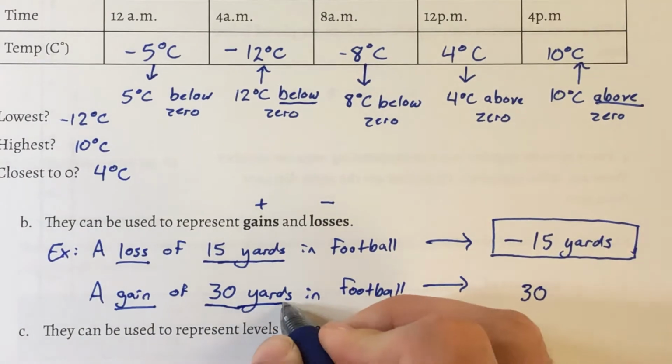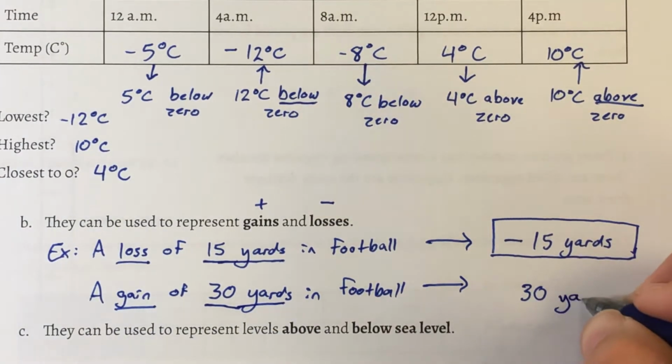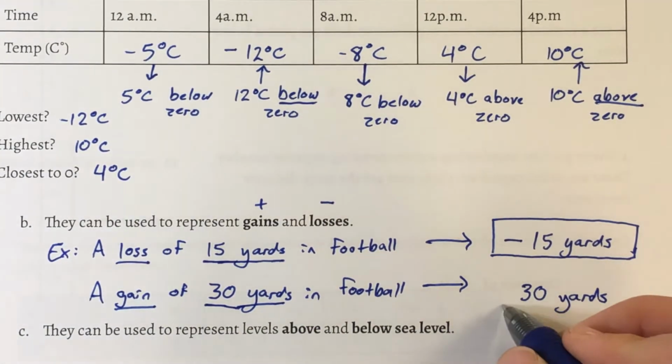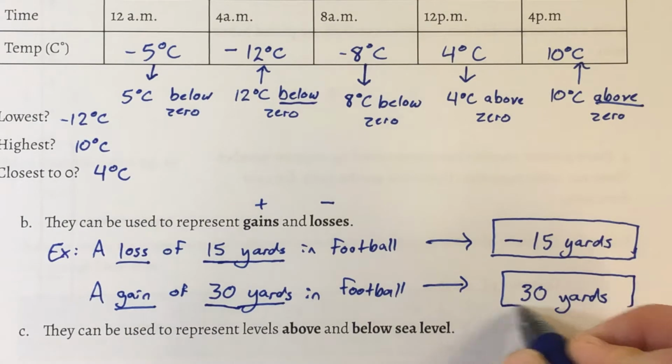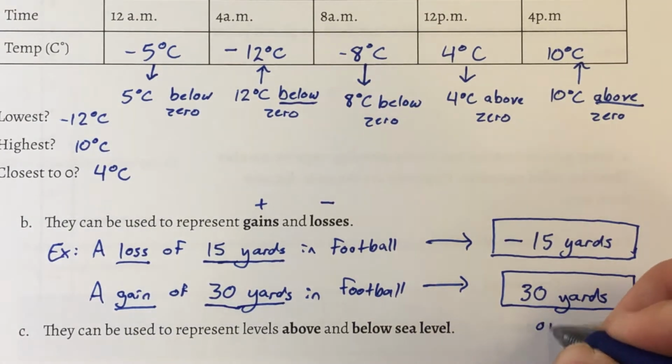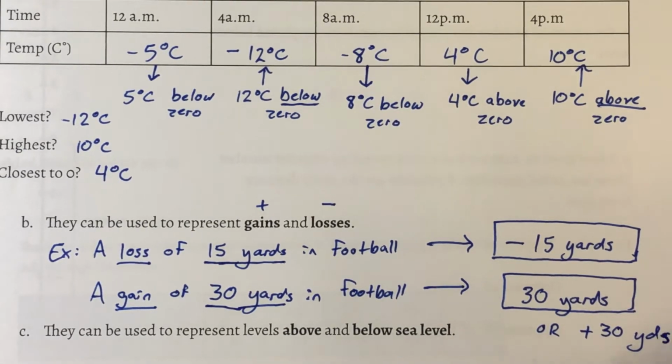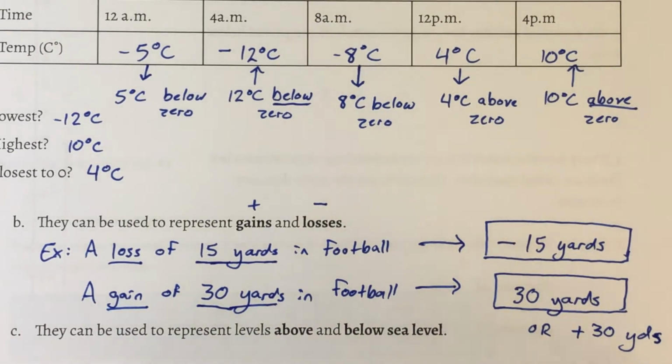What's my label to go with it? Yards. So a gain of 30 yards would be positive 30 yards. Now again, this could be represented as plus 30 yards. By the way, the abbreviation for yards is YDS.